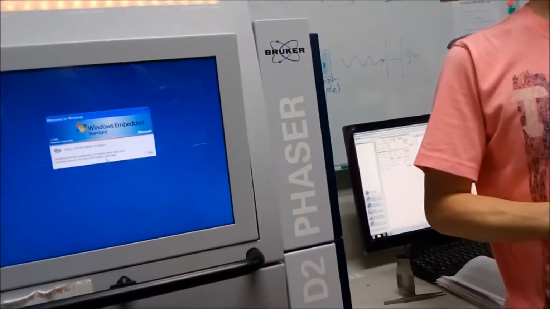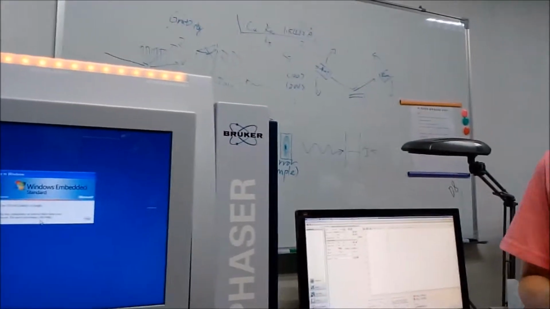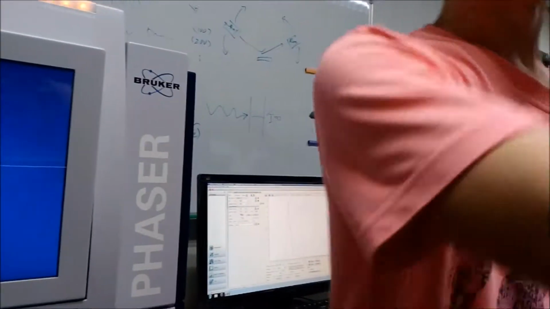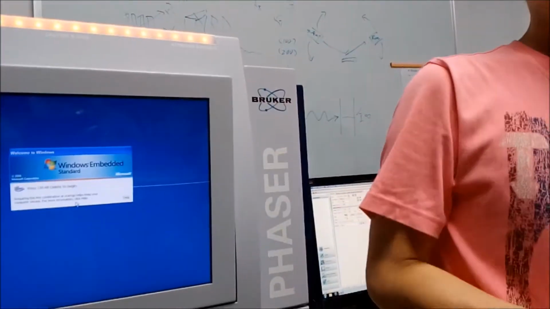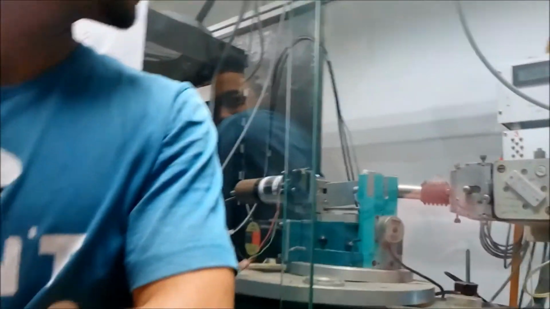It is made by Professor Vogel. All of these components come from Germany. It looks simple, but not really. It's very complicated, because this can be used for the in situ experiment.